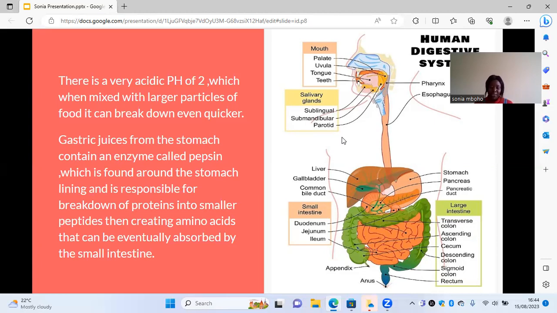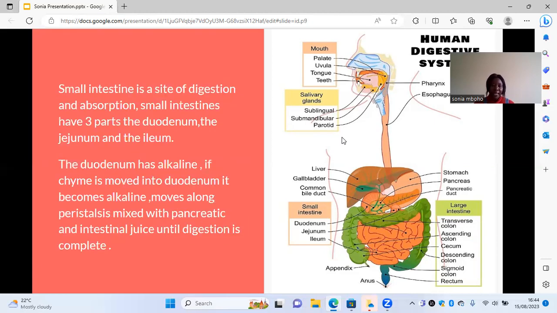The small intestine is the site of digestion and absorption. The small intestine has three different parts, which are the duodenum, jejunum, and ileum.